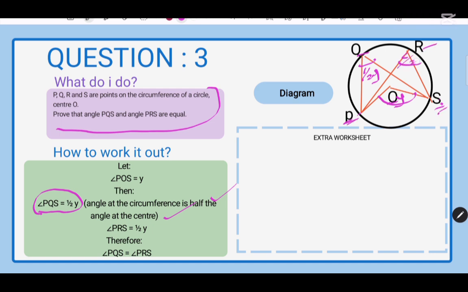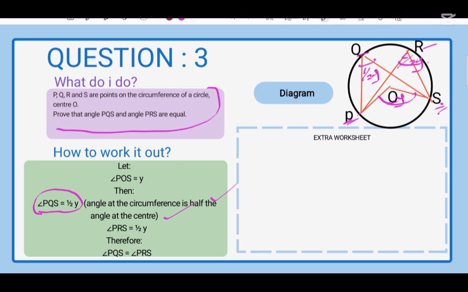Half of Y, because PRS and PQS are both subtended by the same minor arc here. Can you see it? This minor arc. It is this same minor arc PS that subtends angle PQS, angle PRS, and also angle POS.